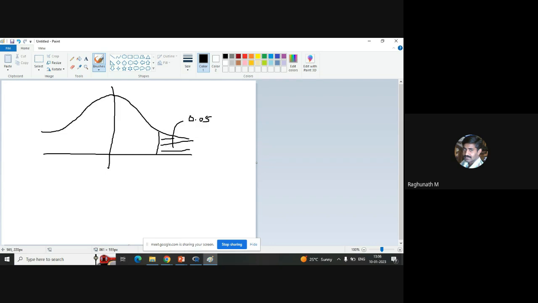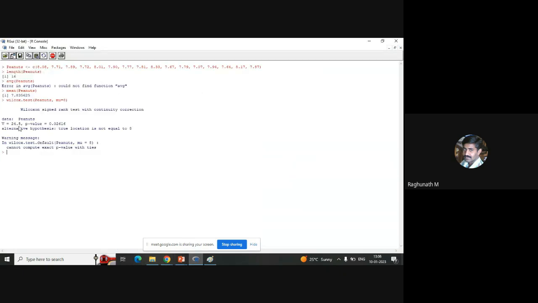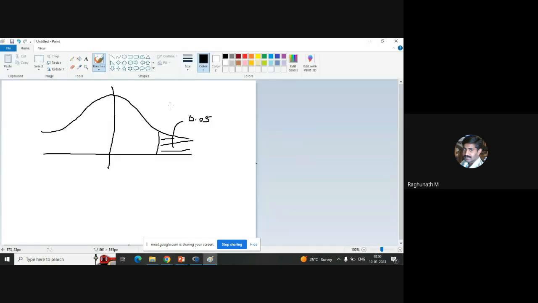Now my test statistic value, if you observe here, is 24.5. Suppose my 24.5 will fall here.